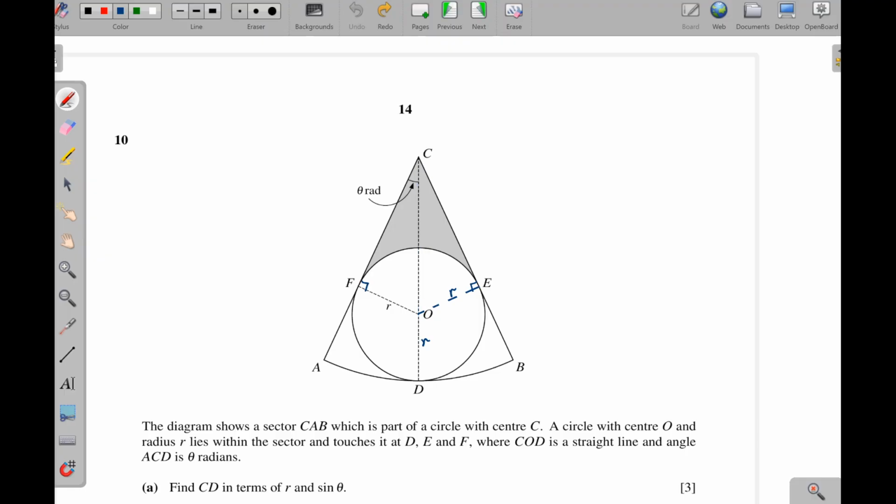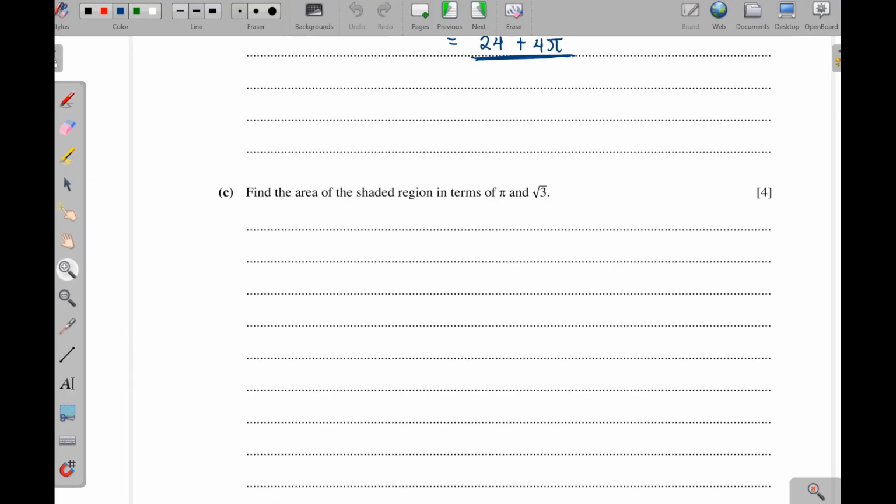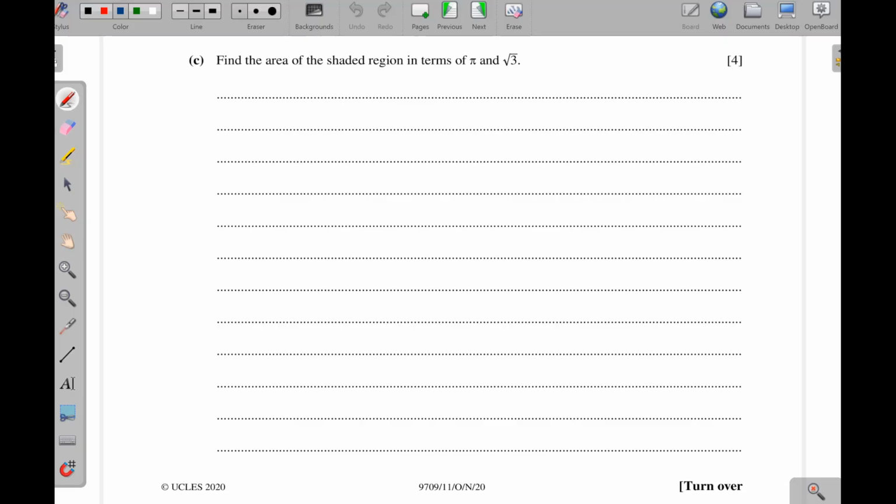Okay, now let's go. So we have OC. OC is equal to 4 over sine of theta. So we shall have 4 over sine of pi over 6. This is a half, so 4 over a half gives us 8.